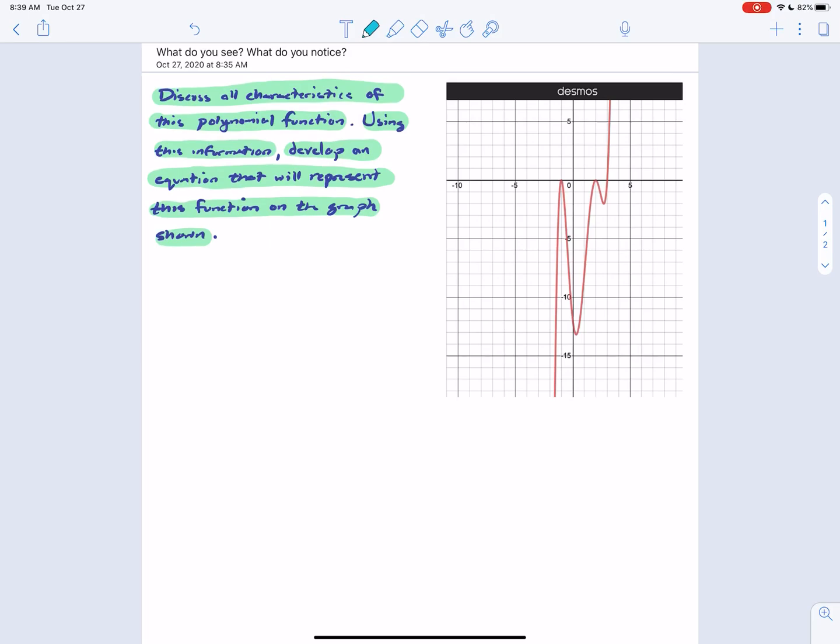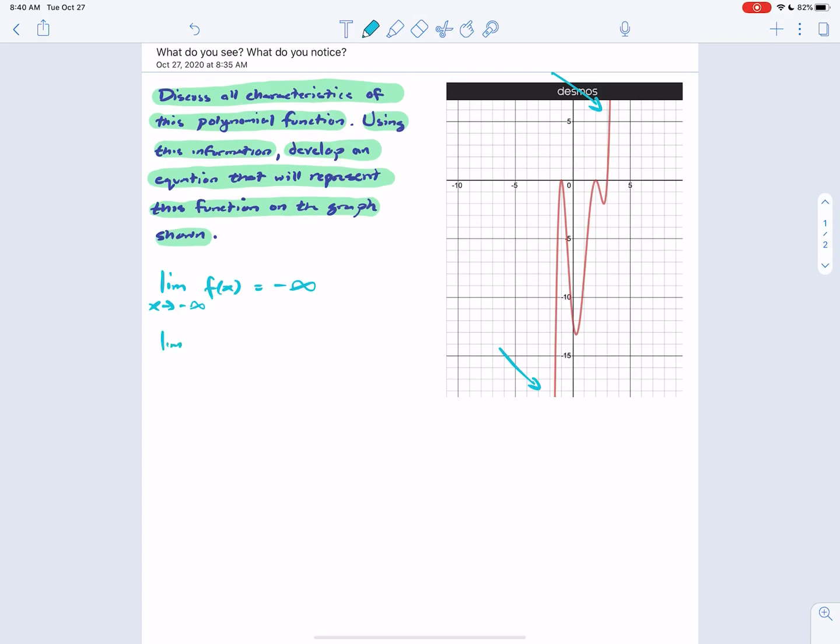So here we go. I noticed that the graph starts at the bottom left and that the graph ends at the upper right. Let me say that again. The graph starts at the bottom left and it ends at the upper right. So I know that the limit of this function as x goes far left, it goes far down.